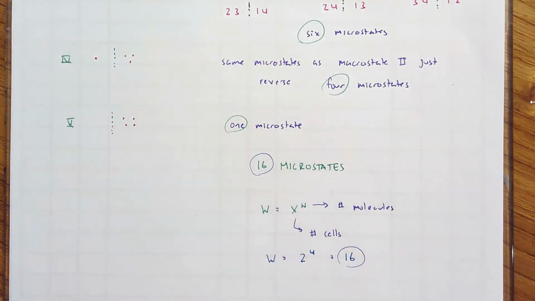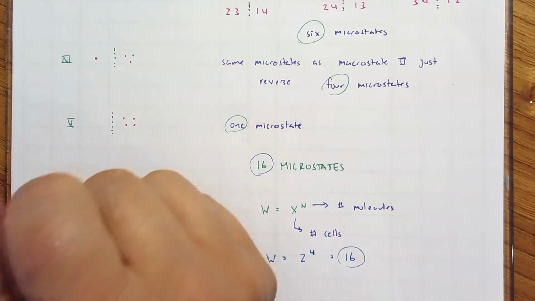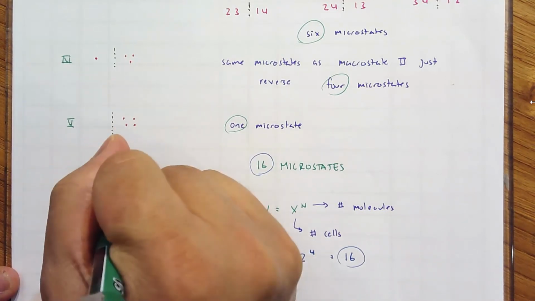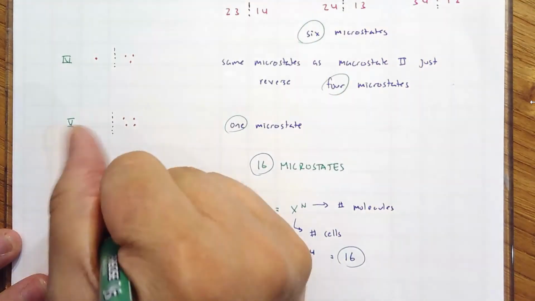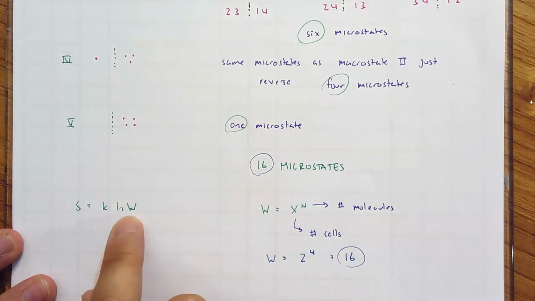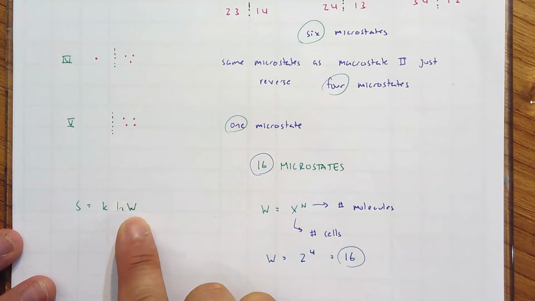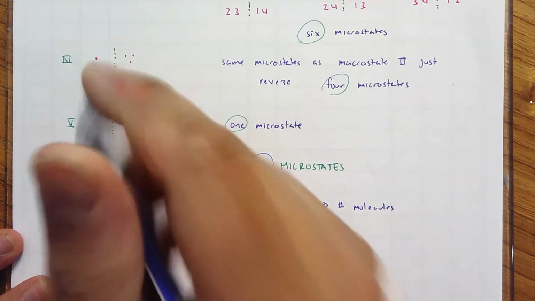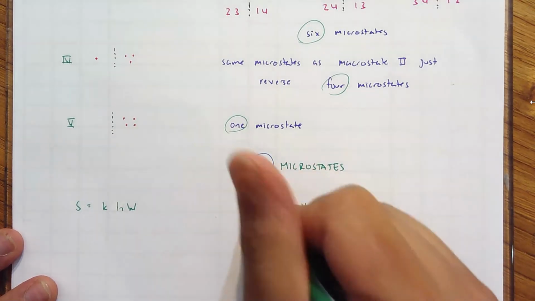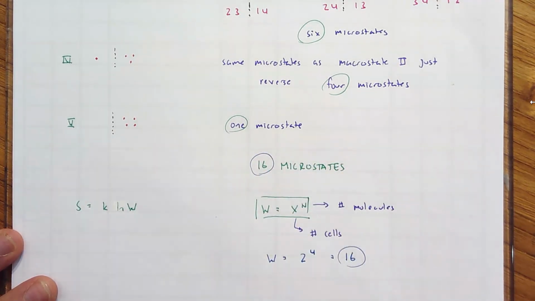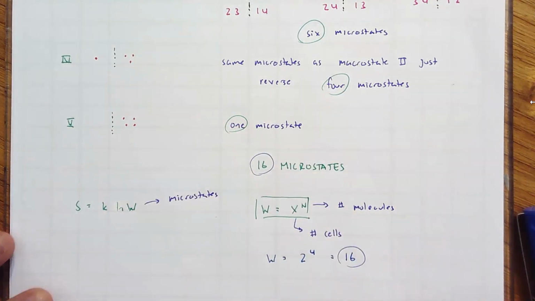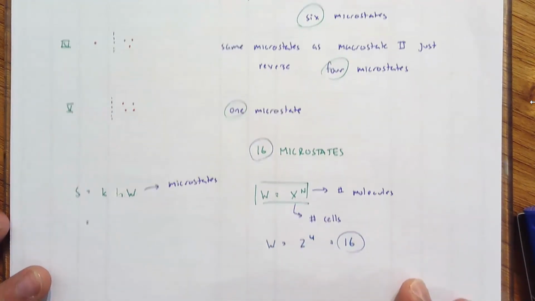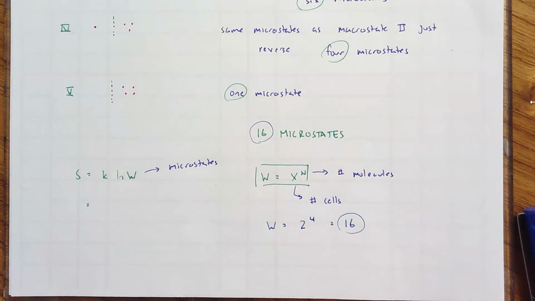Okay. All right, great. We could now say that when we have S equals K ln of W, W is the number of microstates, by using this equation right here. Let's calculate S, but most likely this unit's long, and it's going to be rare that you'll actually do a calculation.